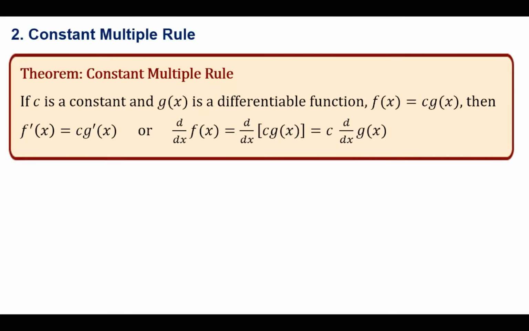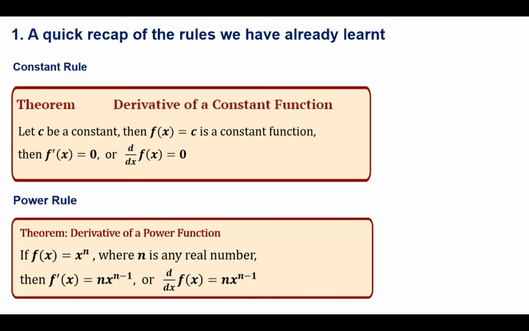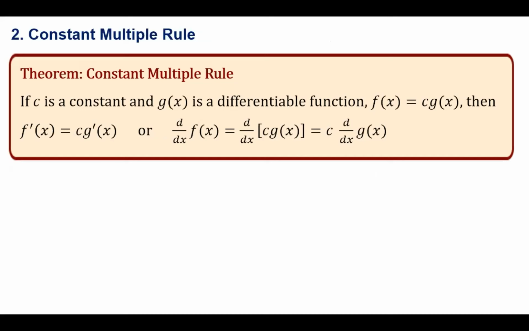Okay, first of all, let's have a look at the next rule, which is called the constant multiple rule, which basically means we can put the two rules we have learned here together. So the constant multiple rule states that if c is a constant and g(x) is a differentiable function, then f(x) equals c times g(x), and we can find the derivative of f at any point x equals c times the derivative of g(x).